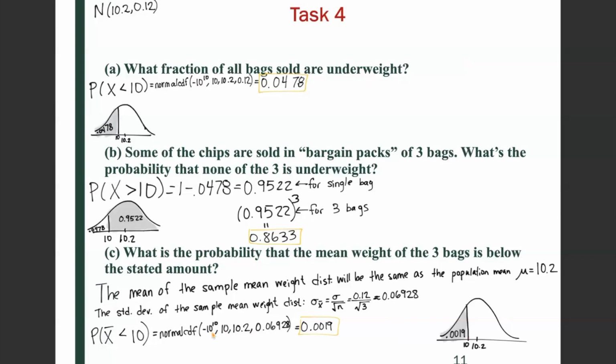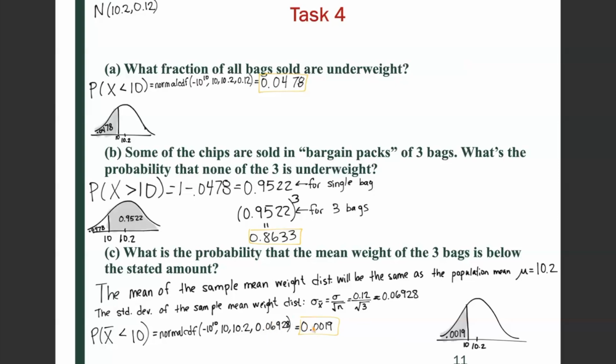Similar to before, negative infinity, or negative 10 to the 10, to 10. And then our mean is going to be the same, 10.2, but now we're going to have this as our standard deviation, which is for the mean weight of 3 bags. So that's 0.06928. So this value is different than when we solved it in part A, because that is what we were given in part A, but now we're working with the mean weight of the 3 bags, x bar.